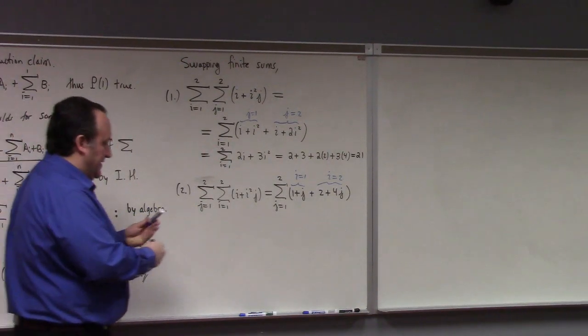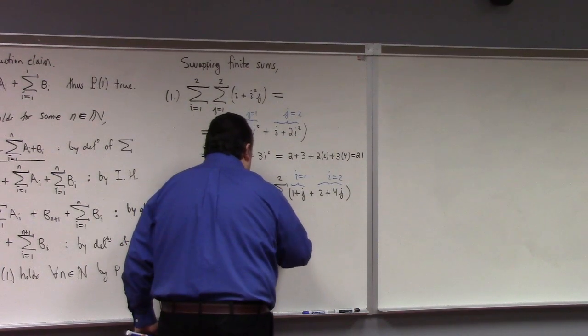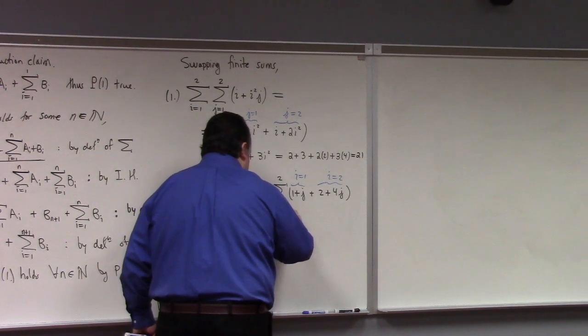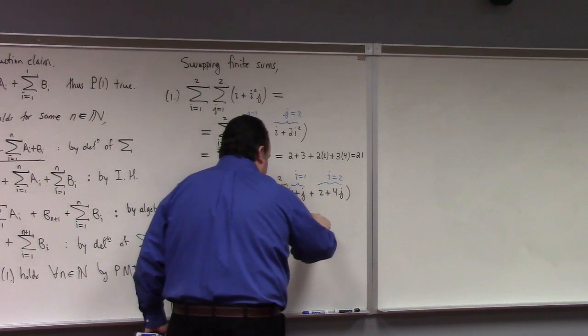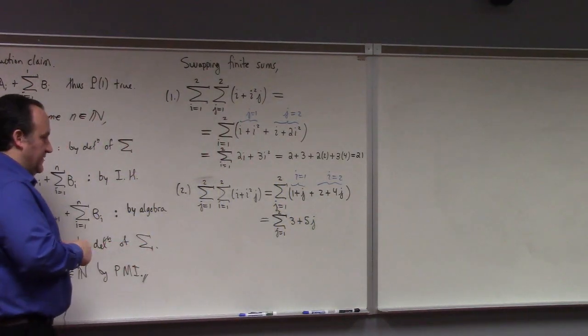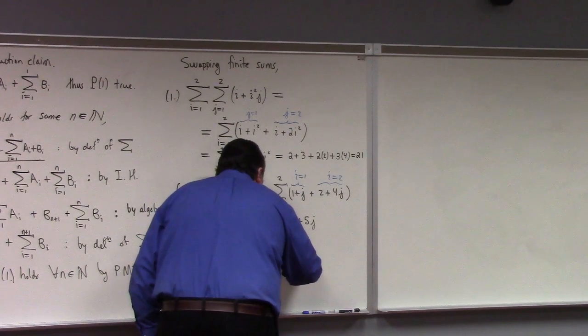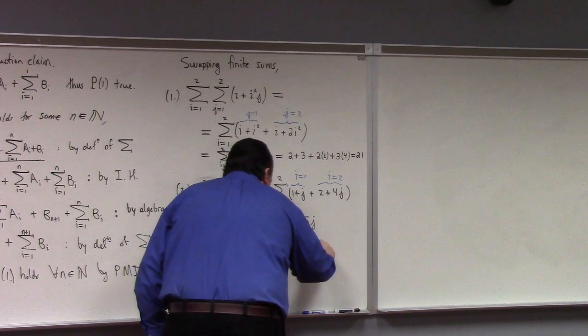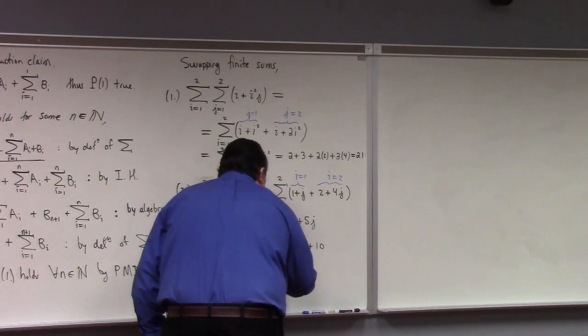Let's make a simplifying step before we actually calculate this finite sum. That's the sum j equals 1 to 2 of 3 plus 5j, right? Which then gives me 3 plus 5 plus 3 plus 10, also known as 21.